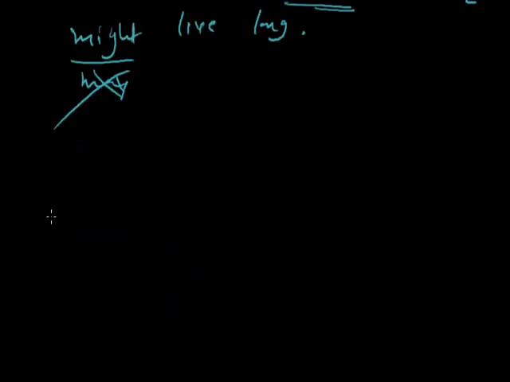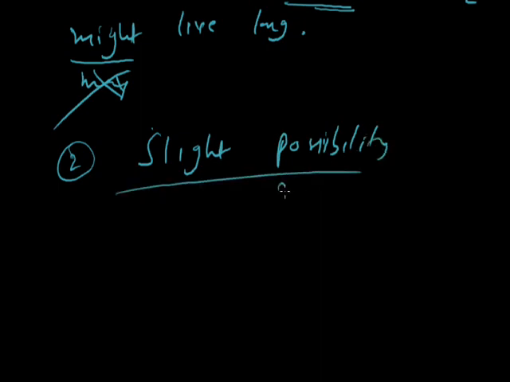And the second use of might we already have done. Slight possibility. How much possibility? Slight possibility. Probably 25 to 30% possibility, very little possibility. Clear? Like, he might come back to life.